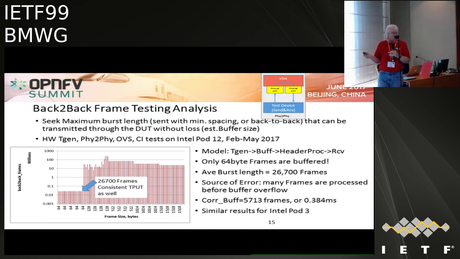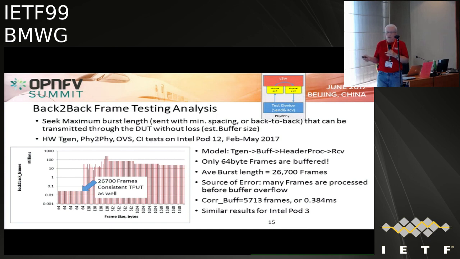So in the particular pod that we tested in, Intel Pod 12, we have results every few days from February through May this year. And what I've plotted here is the time series of results ordered by the frame size. So you see all the 64-byte results, then all the 128s, 512s, and 1024s and 518s. So as time actually goes to the right here, and that was just the easy way to represent this.